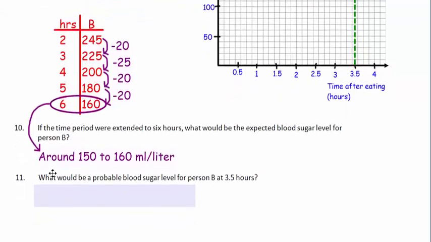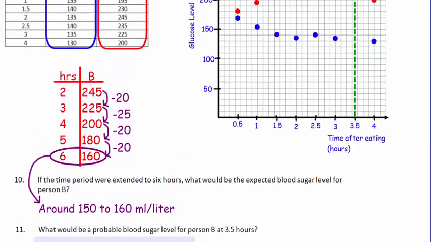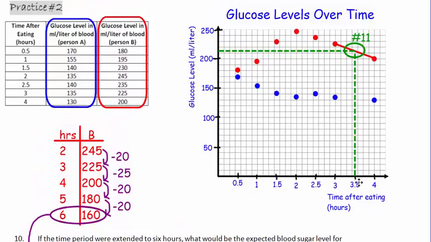Okay, so now it's saying, well, what about person B at 3.5 hours? So let's take a look at our graph here. So here's 3.5 hours. We don't have a dot for either one. Remember, person B I graphed in red, so that's this one up here. So this is where, if you had connected your dots, it's going to be helpful. So I went from 3.5, and I just went up to wherever that line that I connected my dots with, wherever that is.